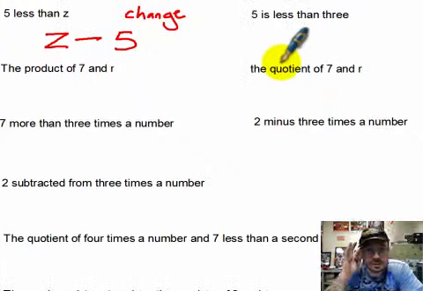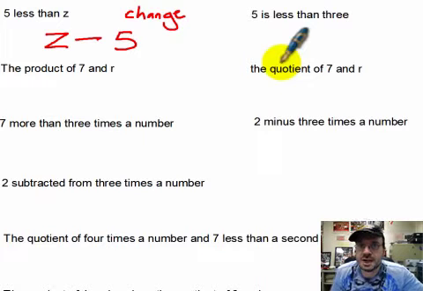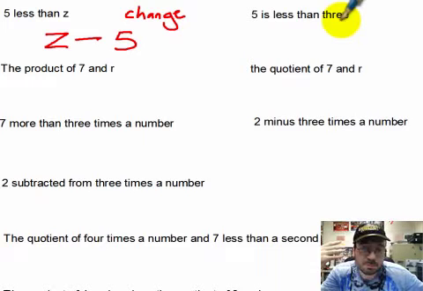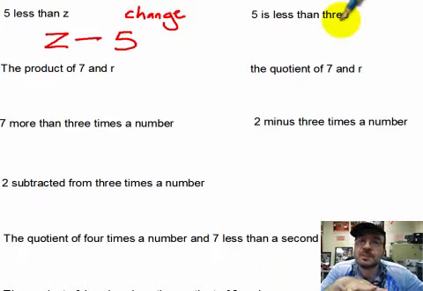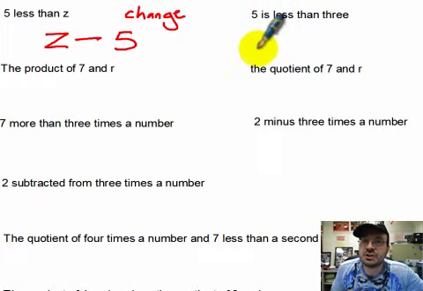Okay, now here is one more. This is actually kind of a sneak preview of something you're going to do in another chapter. But I have 5 is less than z. Now that's actually not an expression. That's actually an inequality. But the reason that I put it here is because I want you to see that by adding one little word, the meaning is completely changed. If I say 5 less than z, I subtract 5 from z.